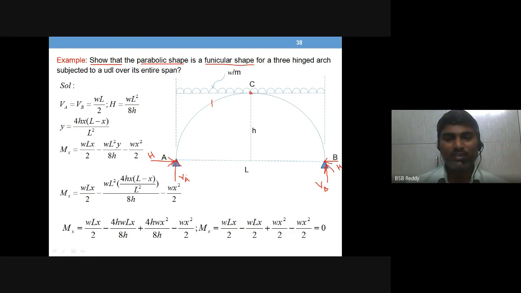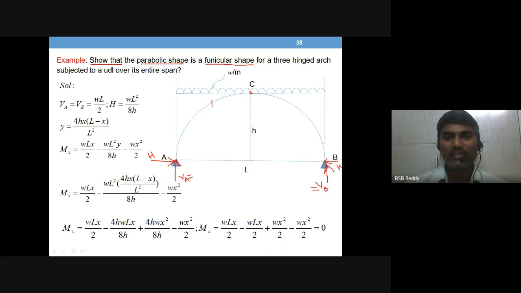Because of symmetry, total load acting on the arch will be shared equally by support A and support B, which means VA is equal to VB. Otherwise, there is a very regular procedure: you apply equilibrium equations.